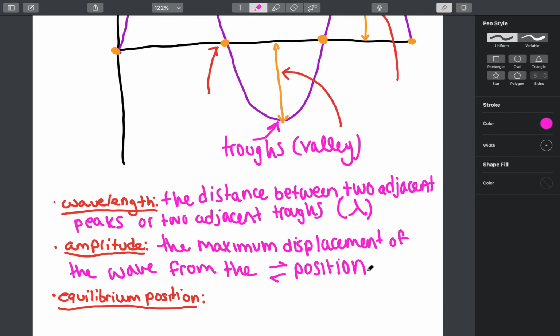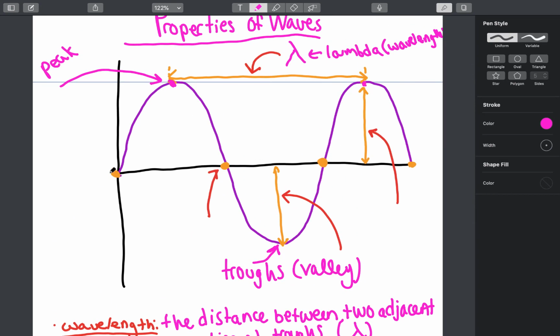So let's talk about that. So this right here, this line, so I'll actually highlight it in pink. So this line that I'm highlighting is called the equilibrium position.